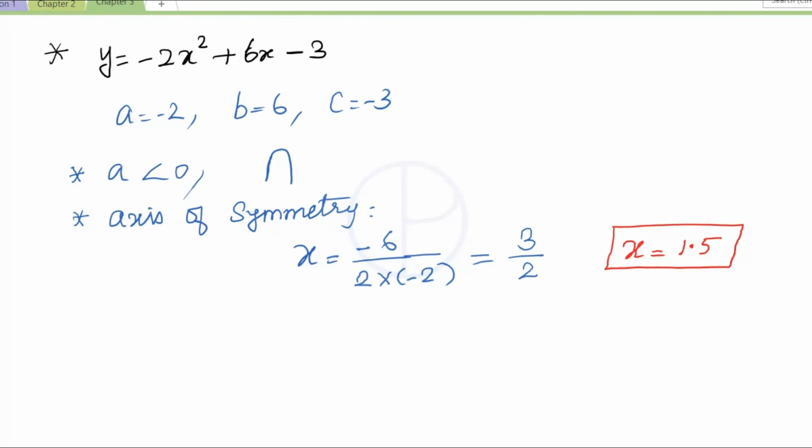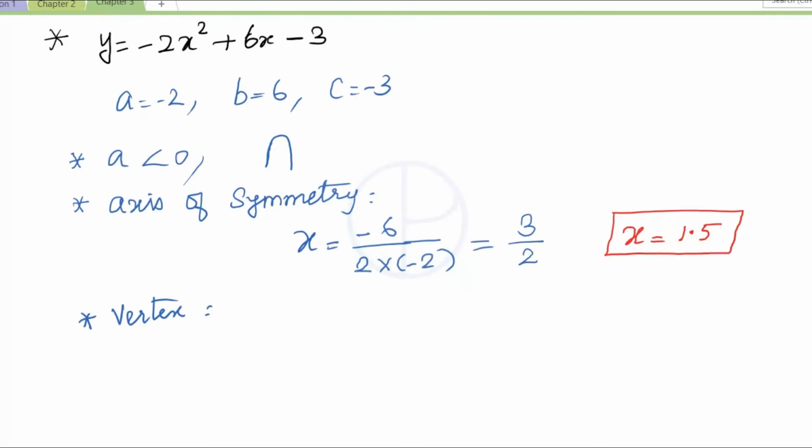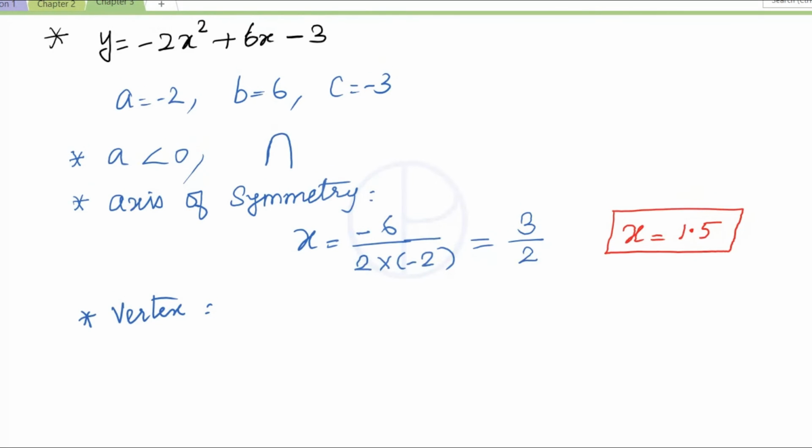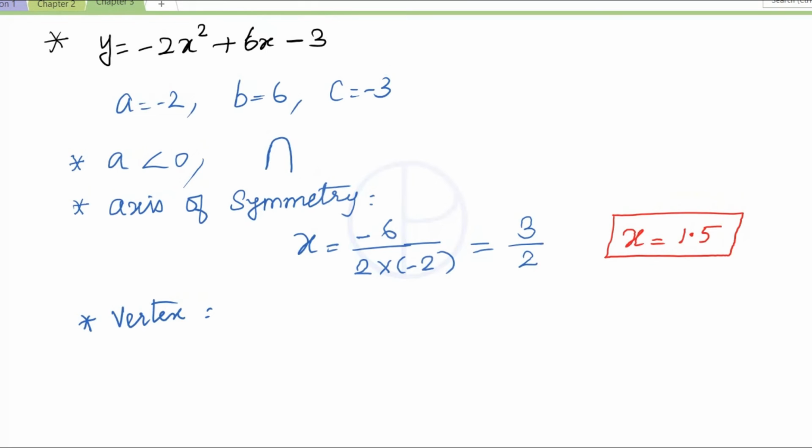Next, find out the turning point, that is the vertex. For the vertex, the x coordinate will be same as the axis of symmetry, which is nothing but 1.5. Substitute this x value in the equation to find the corresponding y value. So x equal to 3 over 2.